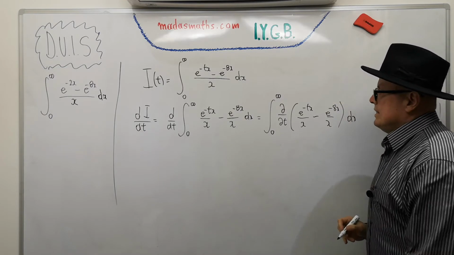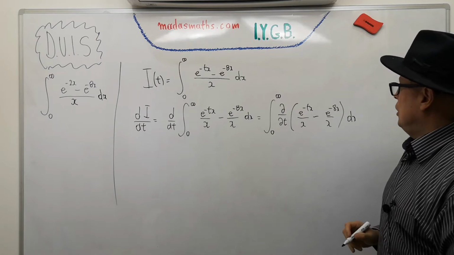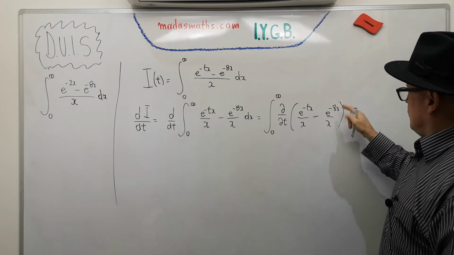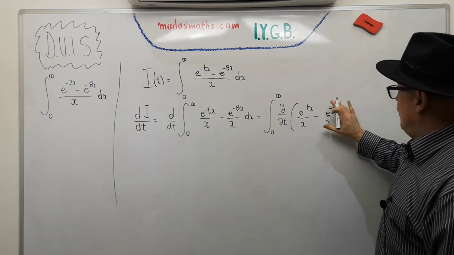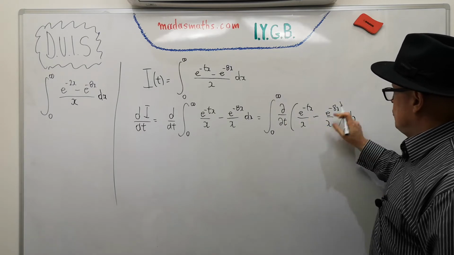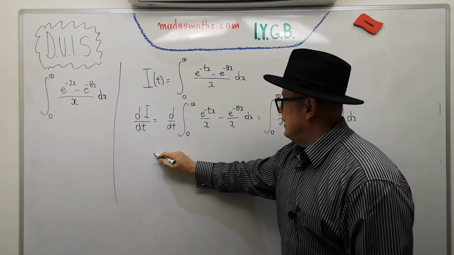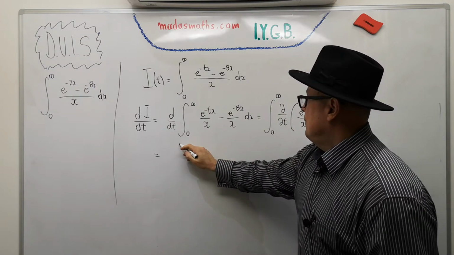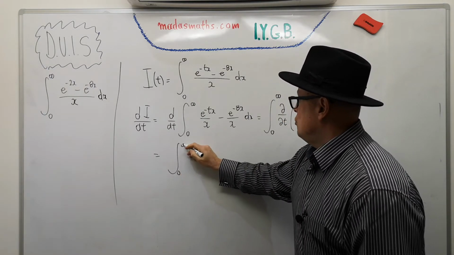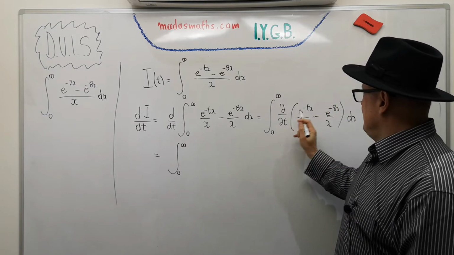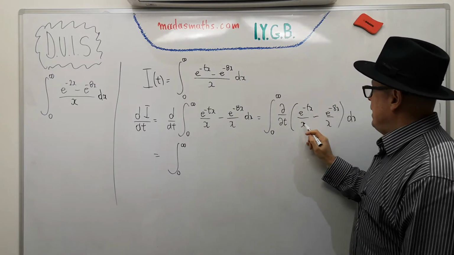Okay, is this differentiation difficult to do? Not at all. First of all, let us note that the second term is just a function of x, so when we differentiate it with respect to t, it will just vanish. There's nothing from this. However, let's write it here. Integral from 0 to infinity. We're differentiating now this with respect to t.